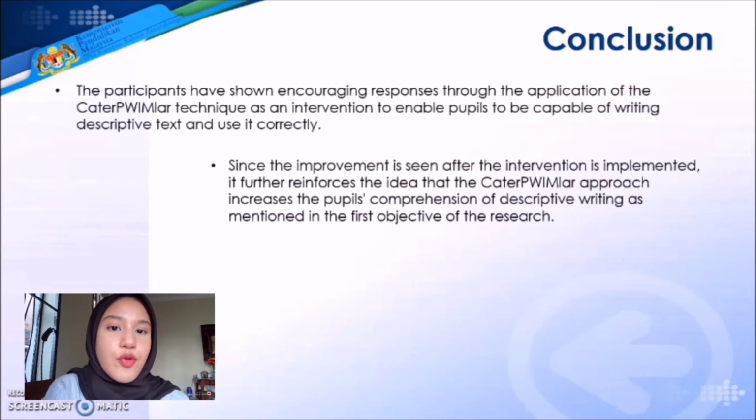Since the improvement is seen after the intervention is implemented, it further reinforces the idea that the caterpillar approach increases the pupils' comprehension of descriptive writing, as mentioned in the first objective of the research.